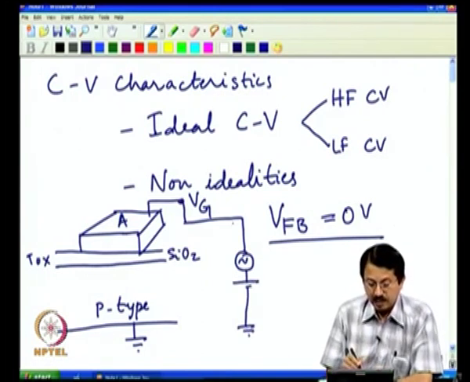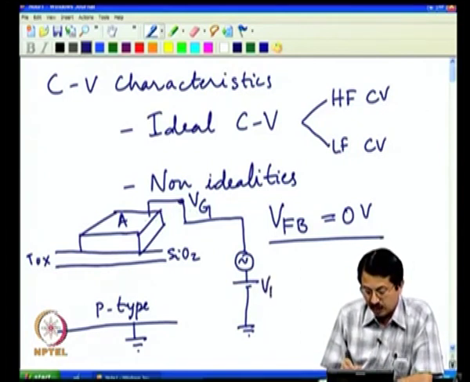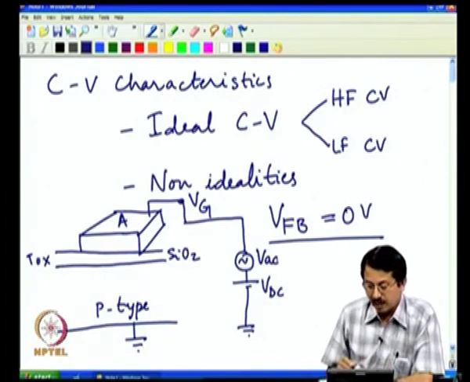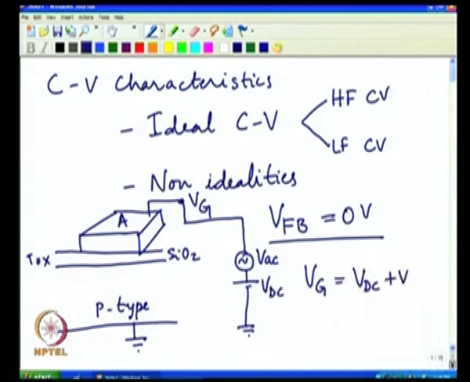This gate electrode is being excited by a DC voltage VDC plus an AC voltage, and hence your VG is equal to VDC plus VAC. Now, when we say high frequency and low frequency capacitance, all it means is that the capacitance is an AC quantity. The frequency of measurement here can be very low or it can be very high. What is low and what is high we will see a little later.